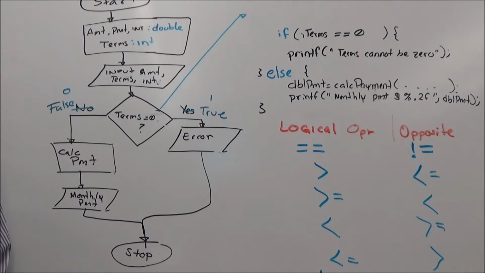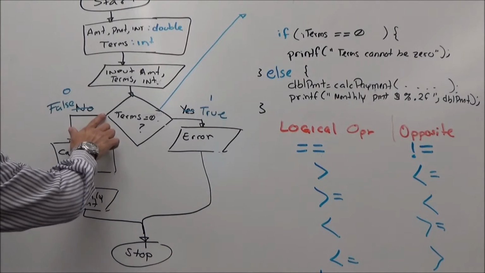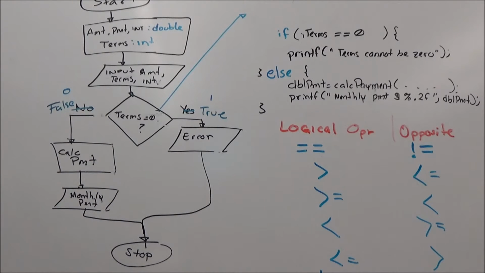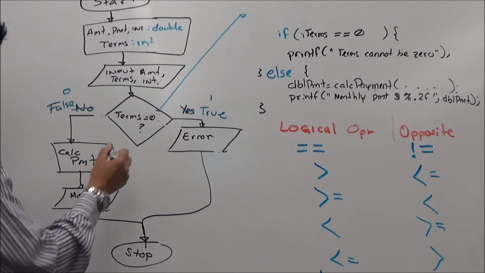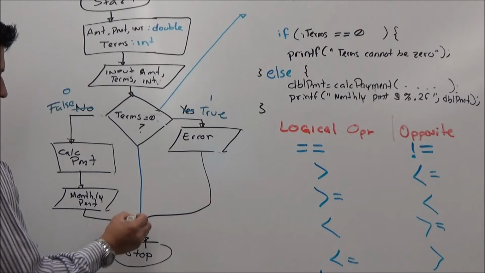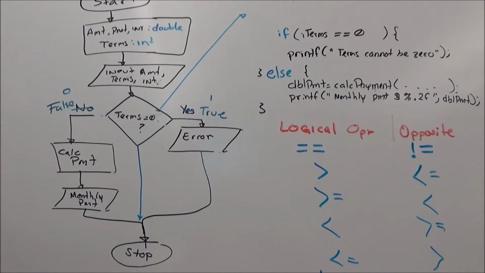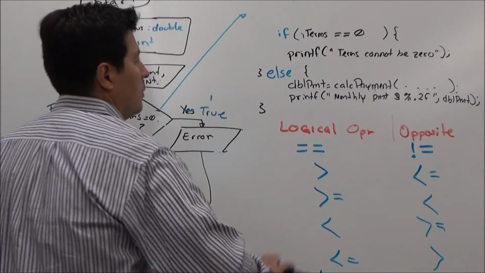So, what if I don't want to do anything if it's false? Instead of calculating if it's false, not in this case, but I'll just go straight down. There's no code to execute if it's false. How will you code it? Easy.